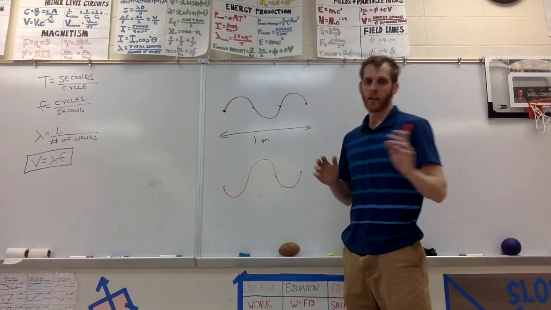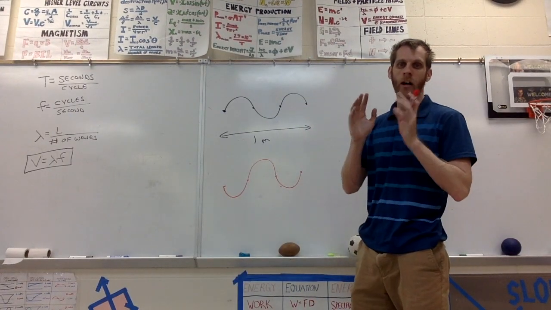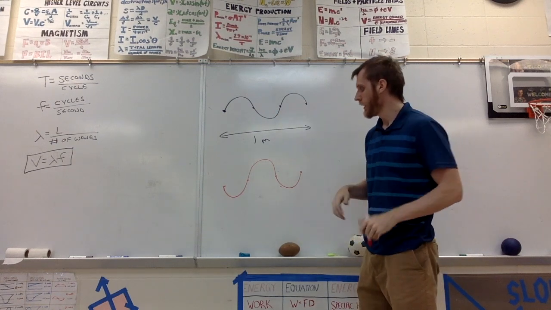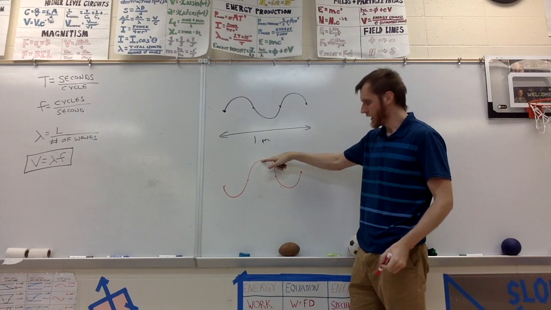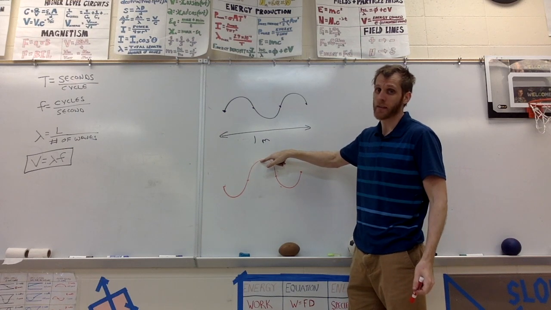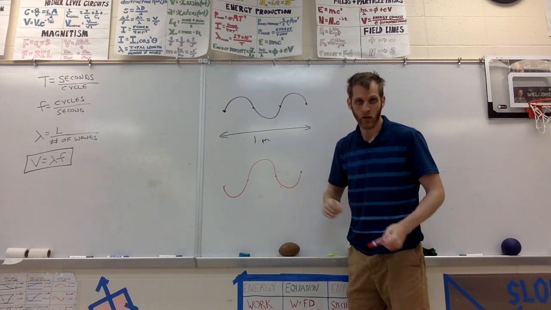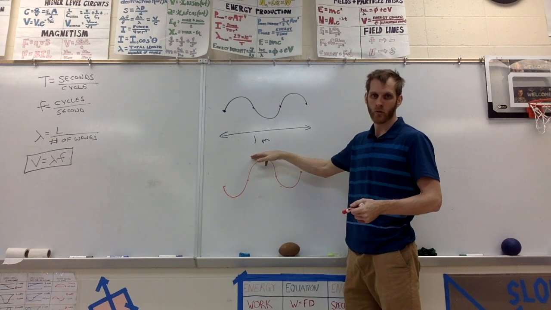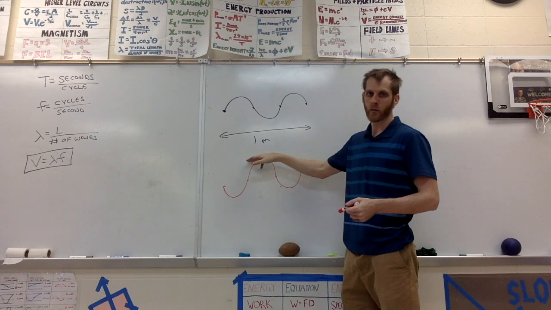Just to show you exactly how I counted those, it was kind of wonky. It's hard to do by yourself. But every single time it got back to this middle peak, back to the top, that was another cycle. So I did 1, then it went down and up. That was 2, down and up. That was 3, down and up.